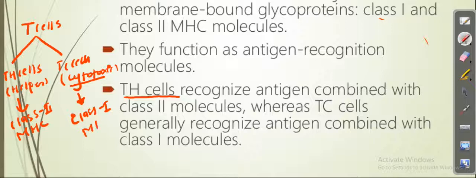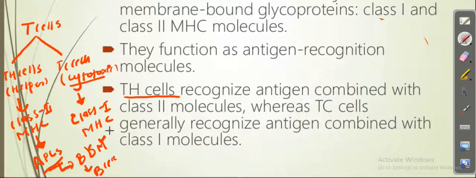Okay. So this is the chart, and you know where class 2 MHC is found. These are found in the antigen presenting cells. Okay. And what are the antigen presenting cells? As we have discussed, these are B, D, M. That is B cell, dendritic cell and macrophages. Okay.